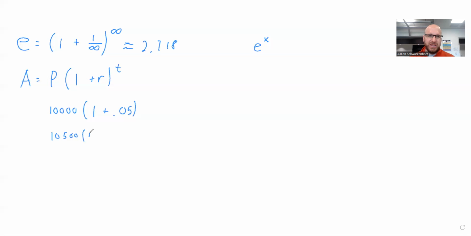Now I'm multiplying that by my 1.05. The reason it's 1.05, so here what I did to get my amount of interest, 10,000 times 1, that's how much money I had, plus the interest I made, 10,000 times 0.05. So here I'm factoring out the 10,000, and I get the 1 plus 0.05.